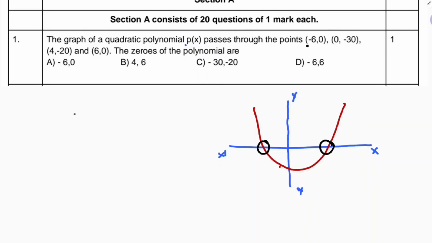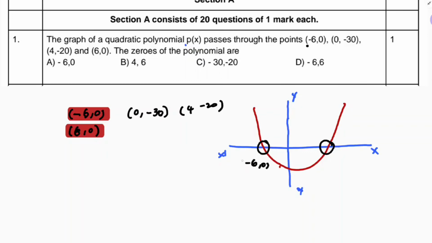First point is minus 6, 0. And the next one is 0, minus 30. Next 4, minus 20. And 6, 0. So see, these 2 points are on the x-axis. Minus 6, 0, and the other one will be 6, 0.